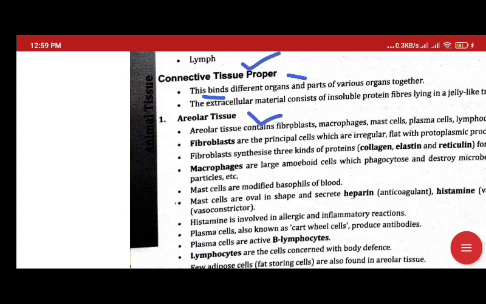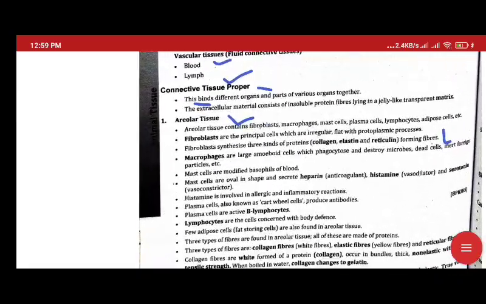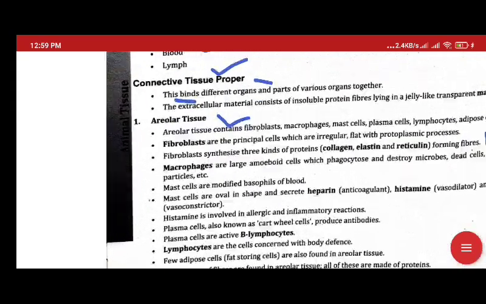In areolar tissue there is the fibroblast cell, and that fibroblast cell has three types and three types of protein, that is collagen, elastin, reticulin fiber. Also macrophage, which means to eat debris or other particles of the cell or damaged cells.